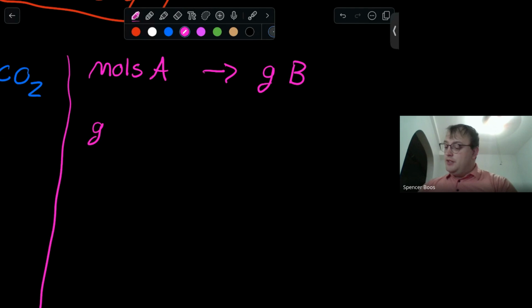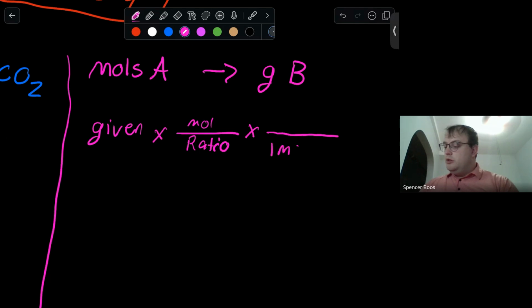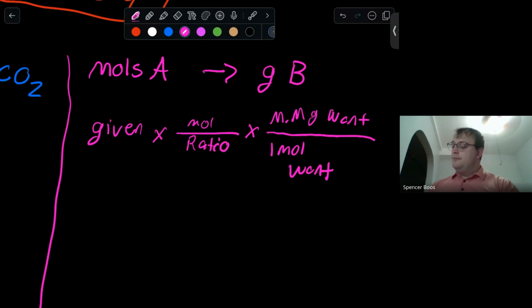You do your given times your mole ratio times 1 mole of your want on bottom times your molar mass in grams of want. Right? That's it for everything. Those are two of the couple variations that you can see.